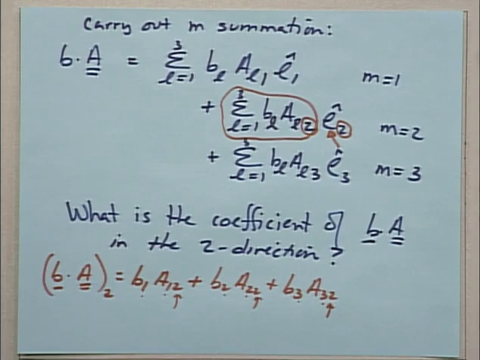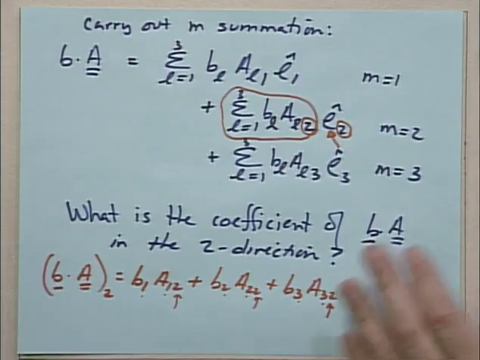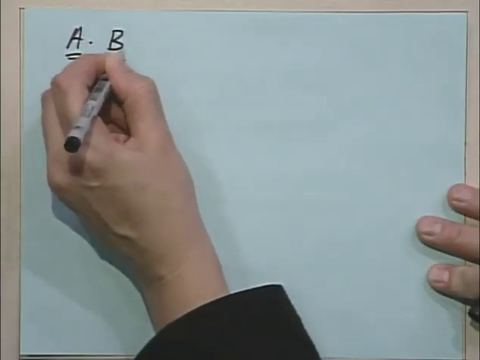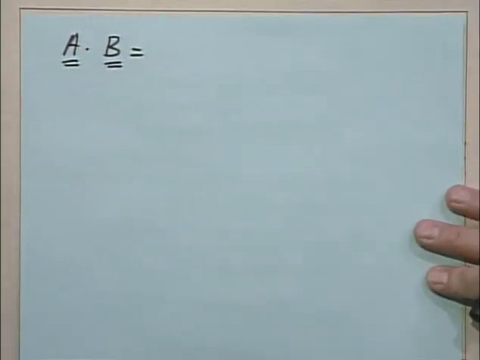We can get more complicated than this. We can dot 2 tensors together, for instance. Let's try that. How shall we start?